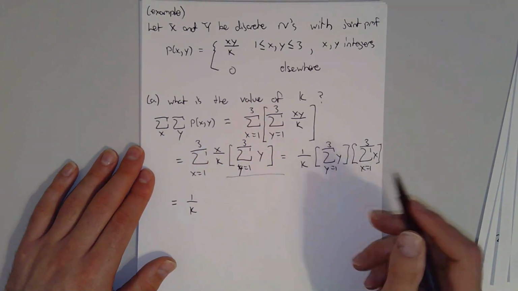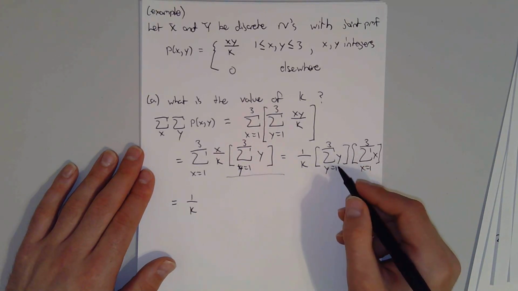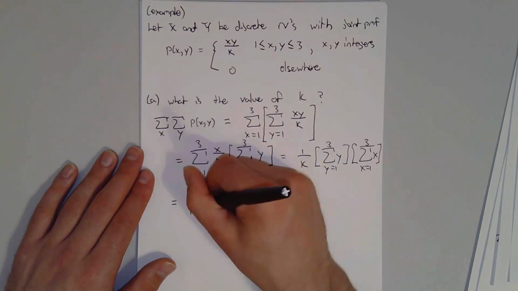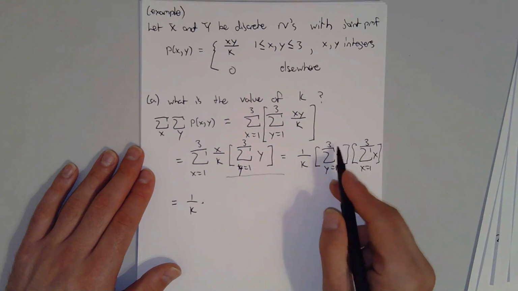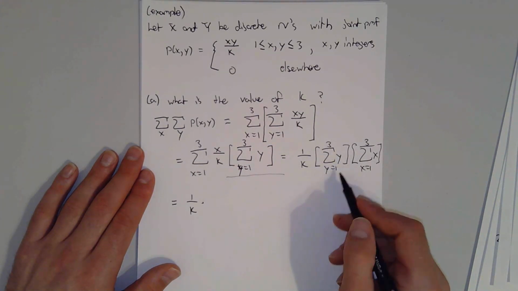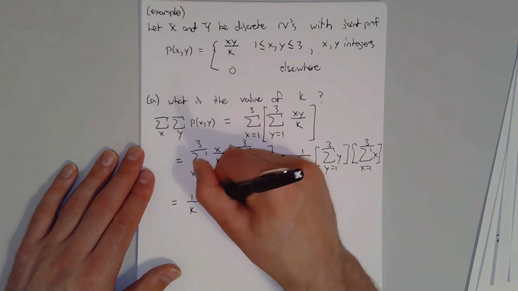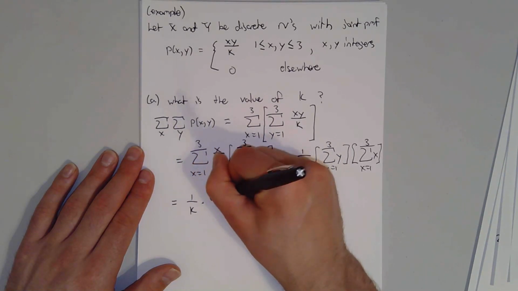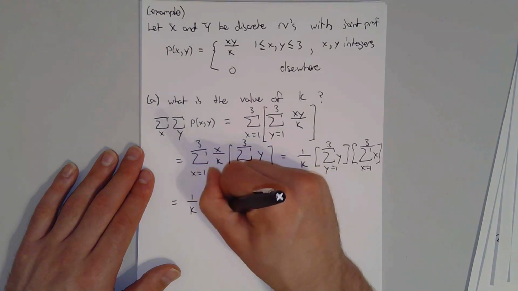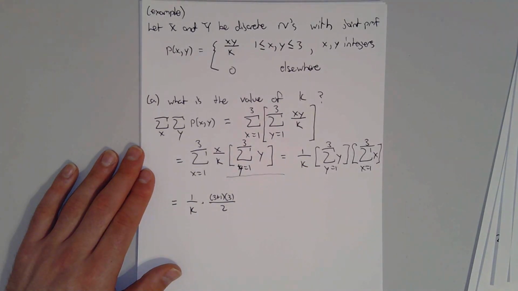I'm going to use the one formula. This is a small sum, just y equals 1 to 3, but we can still use the formula here. This is the sum of consecutive integers beginning at 1 and ending at 3. There's a formula for that: 3 plus 1 times 3 divided by 2.